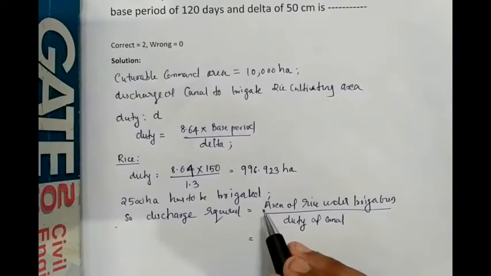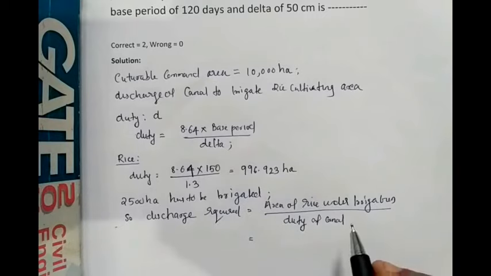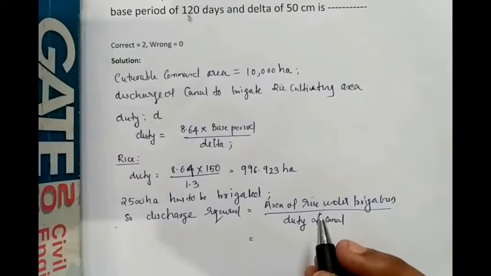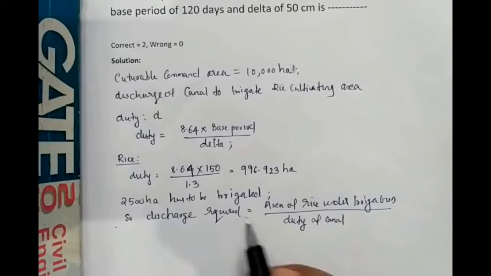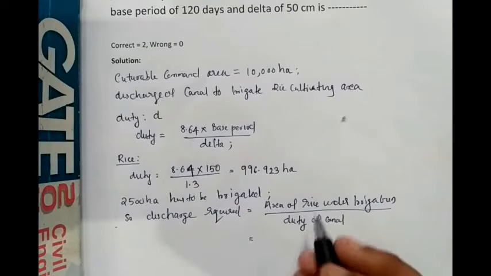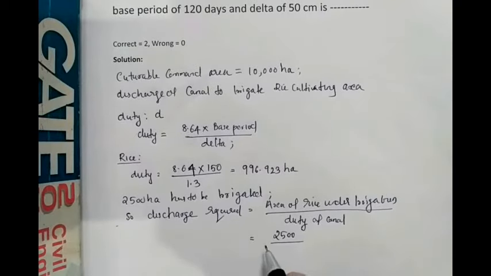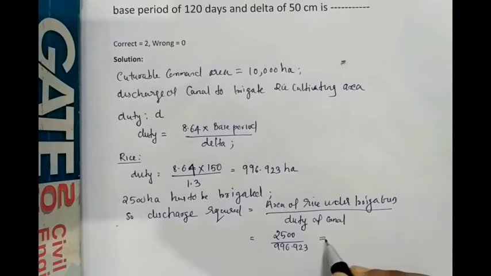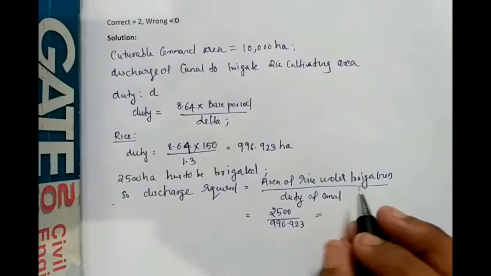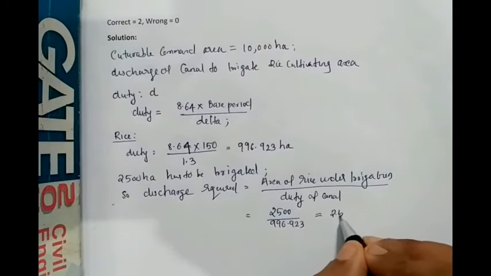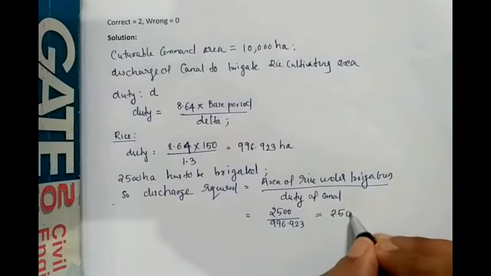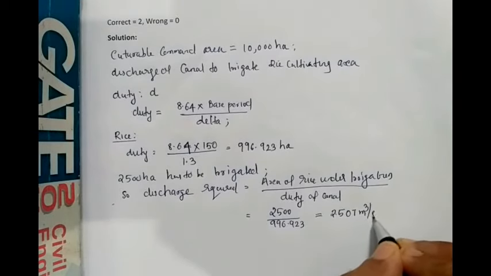This gives the discharge to irrigate 2500 hectares: 2500 divided by 996.923, which is 2.507 meter cube per second.